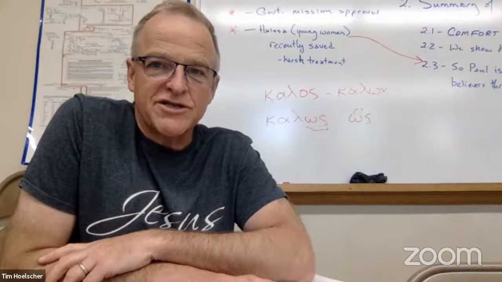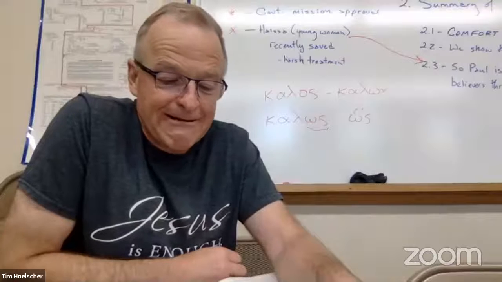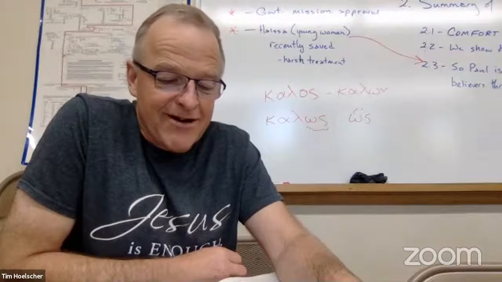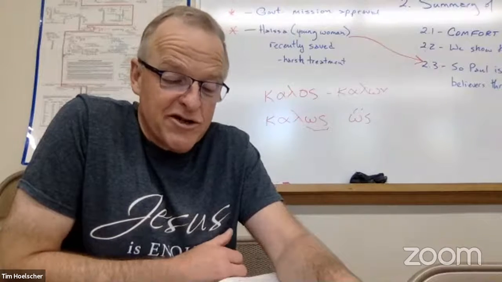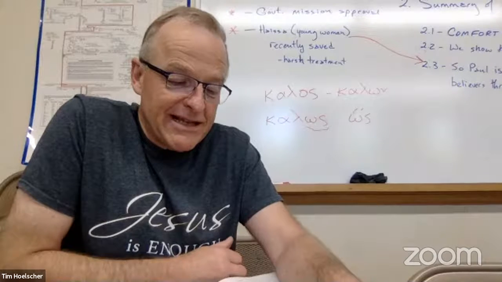Why don't they just call it an augment? Other than maybe it indicates time, but that's what the augment is doing in the first place. So anyway, I don't have the answer for that. Maybe because it was past time and it was just temporary. I don't know. But you're going to be lengthening the vowel.